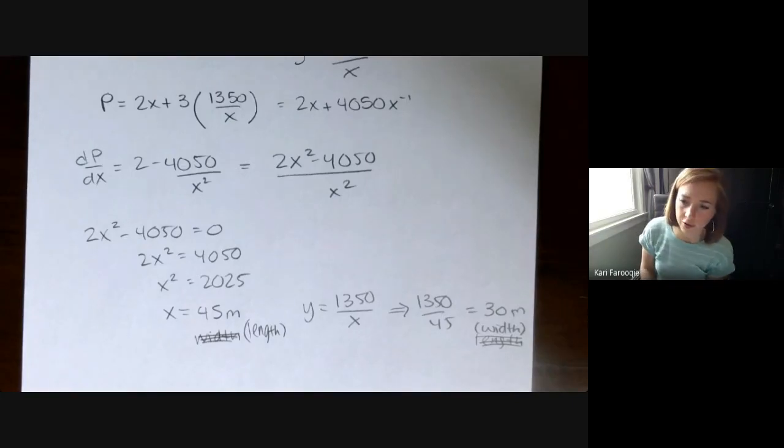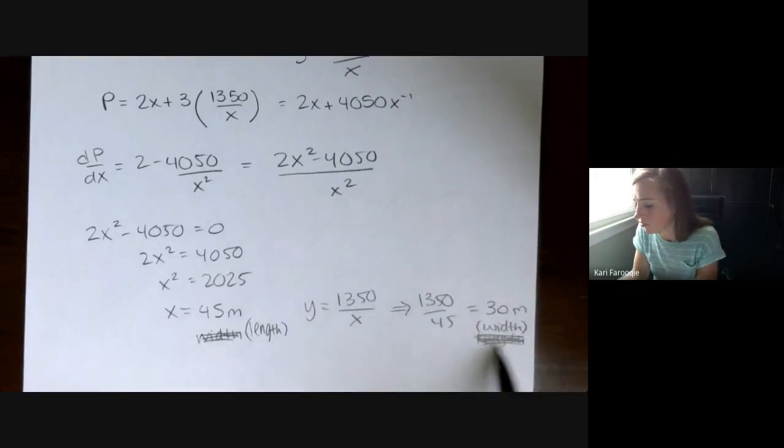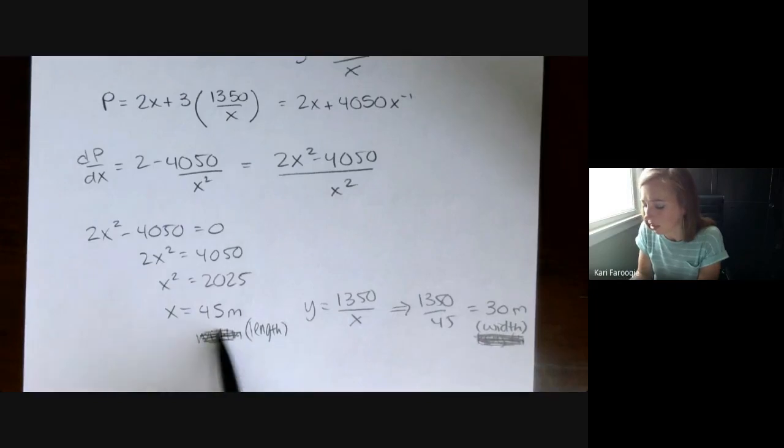This is what occurs at your critical number. I'm guessing you'd have to look at what happens at an endpoint in that case. That's a good question, though. There actually were some like this in your book, but they were much more complicated, so I didn't include them. But yeah, you'd have to consider the actual endpoints for the fencing that you could use and then evaluate your function there.